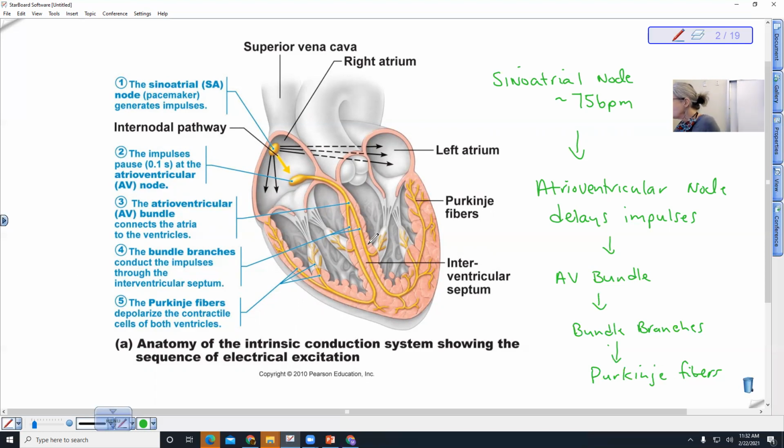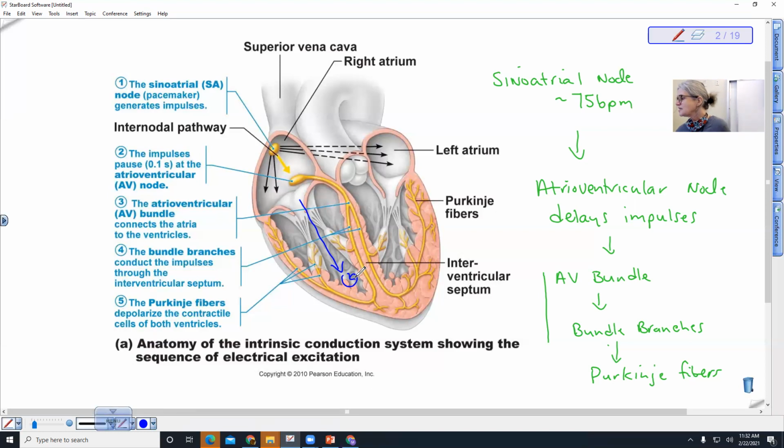So the function of this, the AV bundle and the bundle branches, is to take that depolarization to the bottom of the ventricles. So we don't want the ventricles to contract from the top down, because that would force blood to the bottom of the heart. If blood is coming down and is forced to the bottom, it's going to become very turbulent, and it's probably going to damage the heart wall.